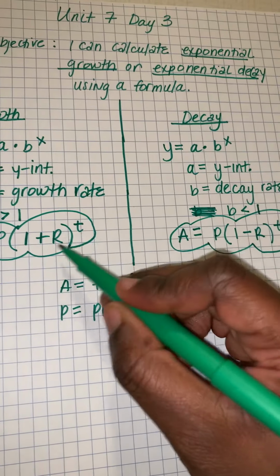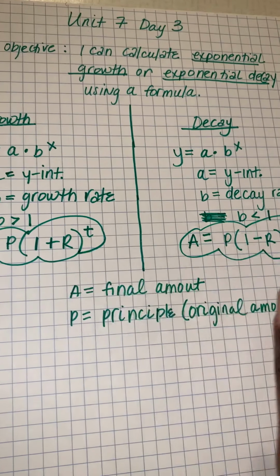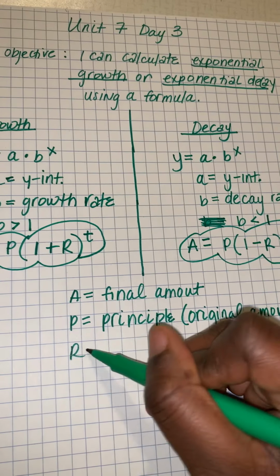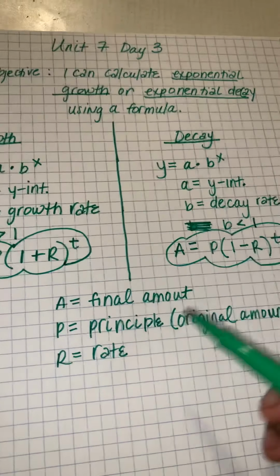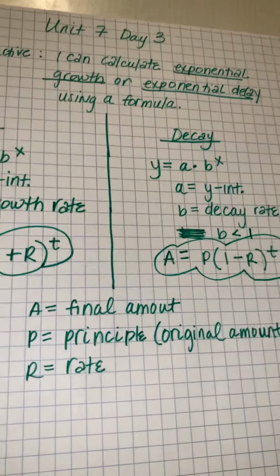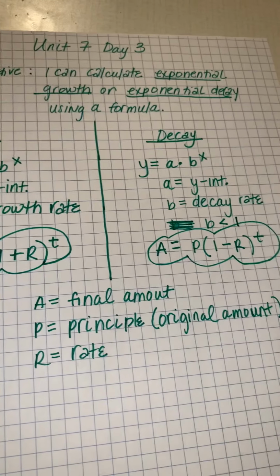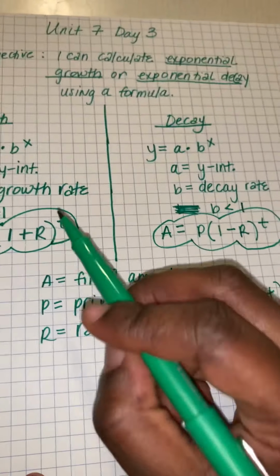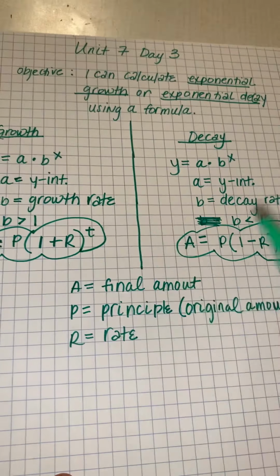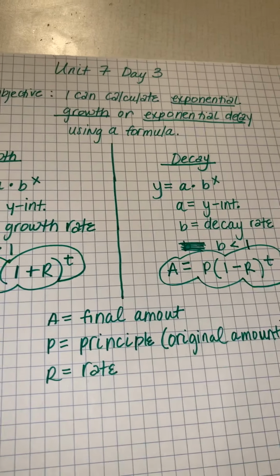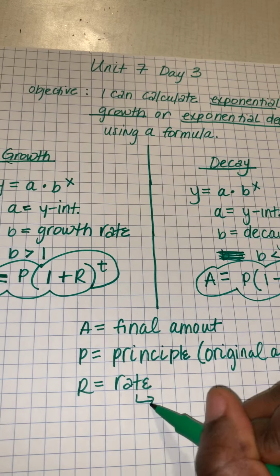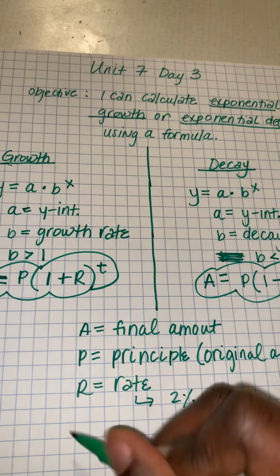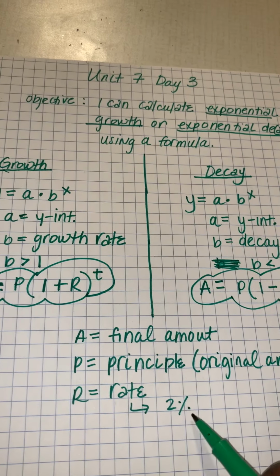The r over here, 1 is just 1, doesn't mean anything funny. The r is rate. Now, the key thing about the r value and it being a rate is that when you're writing it down, you can't just write down whatever rate they give you in the word problem. You have to change this to be a decimal. So for instance, they give you a rate of 2%, because rates are percentages.